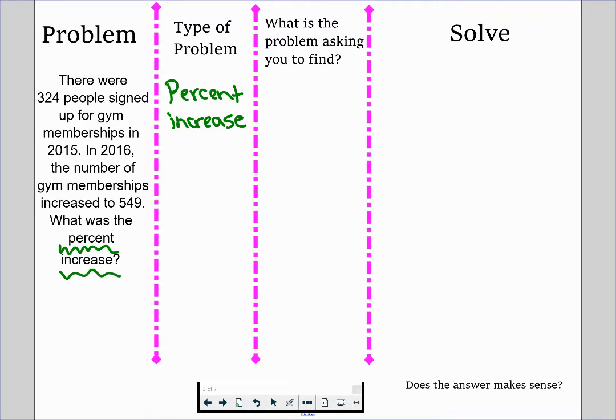And when we have a word problem, it's always good to ask yourself, what is the problem asking you to find? We're trying to figure out the percent increase, so we're going to have a percent for an answer, percent increase of memberships.